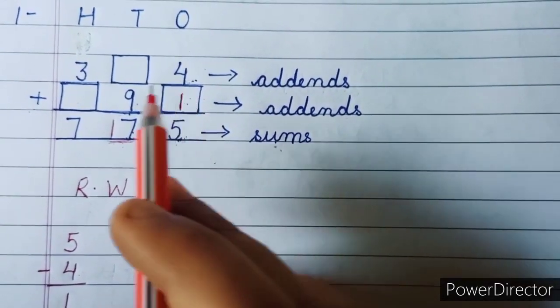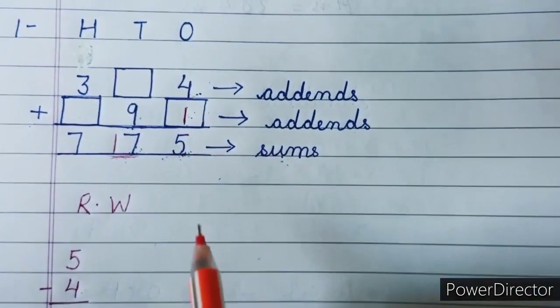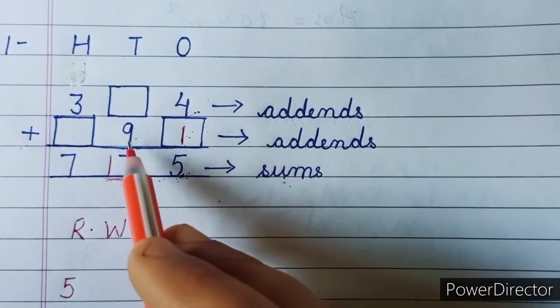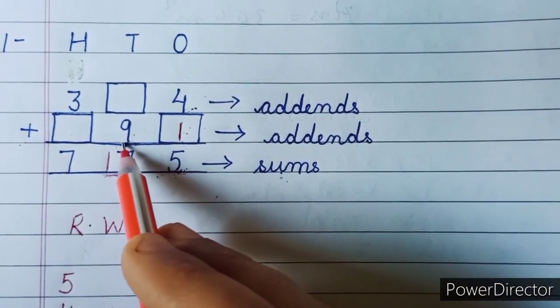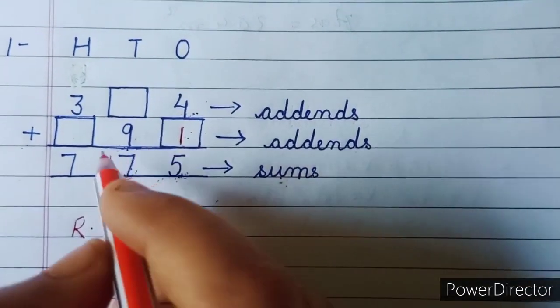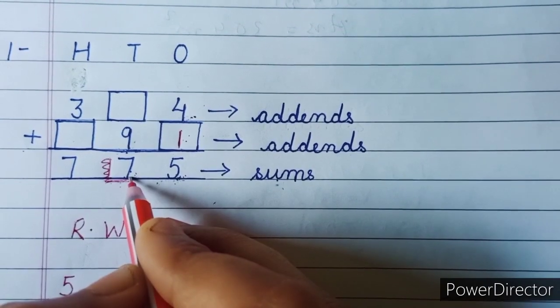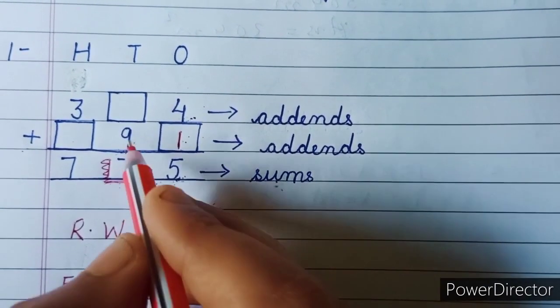Okay, now let's go to the tens column. This box is empty, the number written below is 9 and the answer number is 7. So the answer number is small here and the addend's number is big.